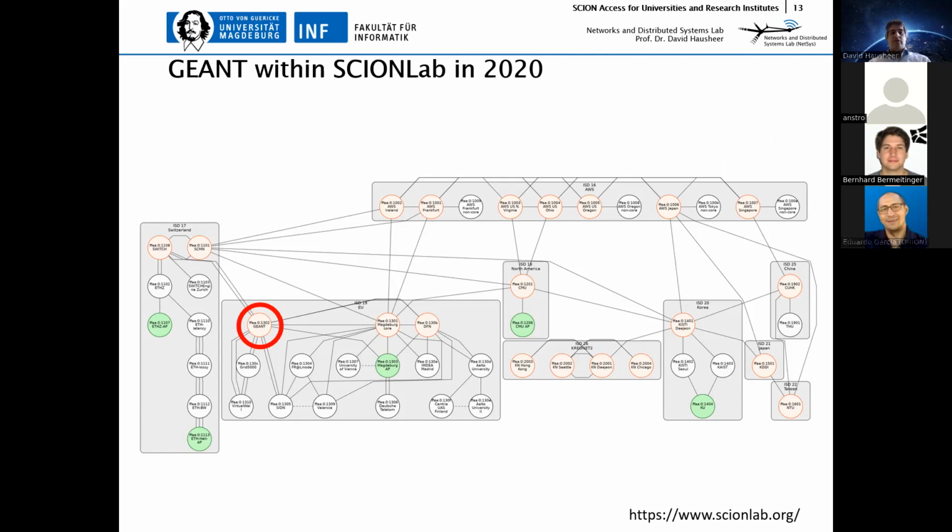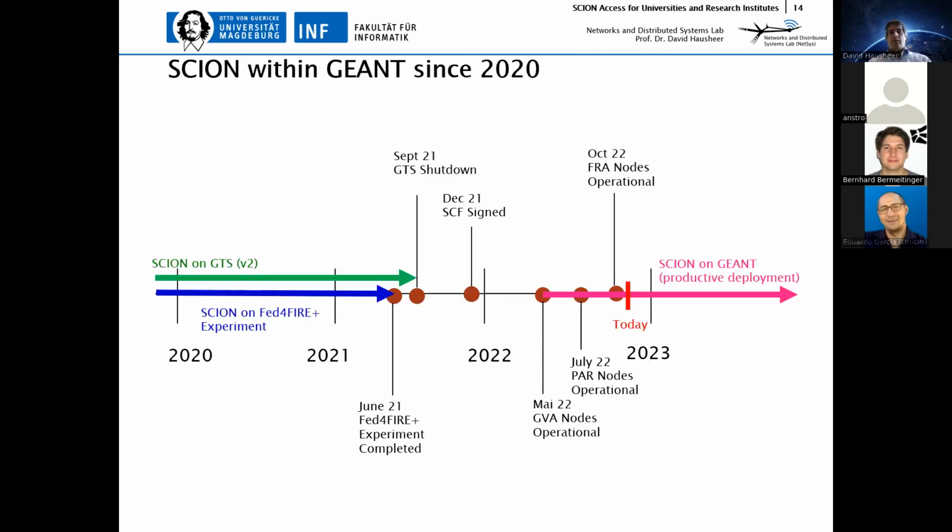You see also the Swiss isolation domain here as part of SCIONLab with Switch and Swisscom as core ASs, and then further isolation domains in Asia, as well as North America and in ABS as well.